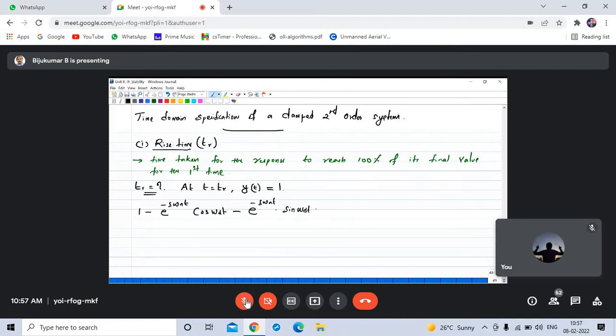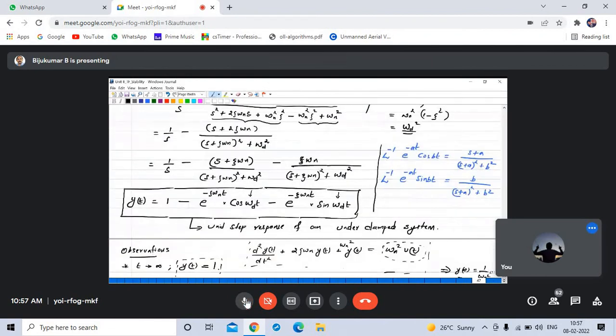Any other factors there? Something is missing, right? Did we make any mistake here? Yeah, correct. Some parameters are missing.